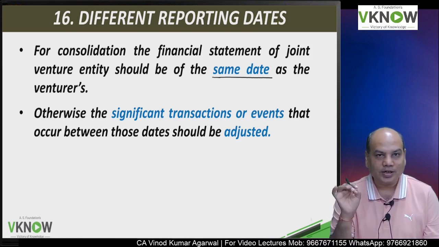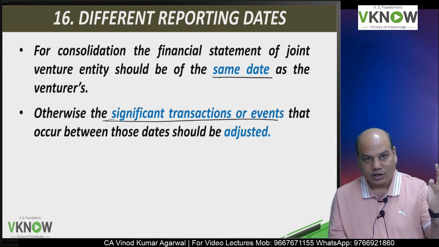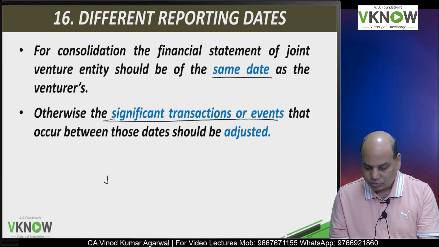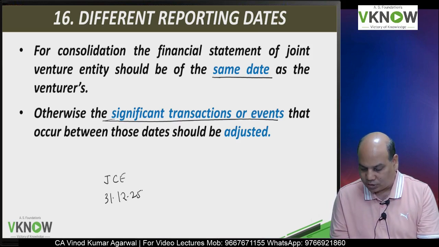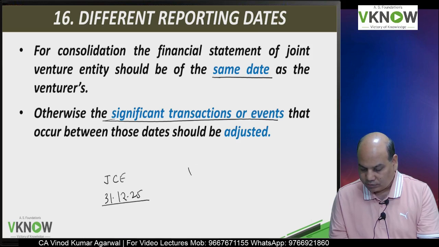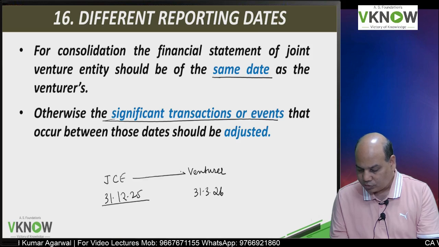In India, the year ending date is 31st March. So if there is a difference in the reporting date, say the jointly controlled entity year ending date is 31st December 2025 and the venturer year ending date is 31st March 26, what will they do?